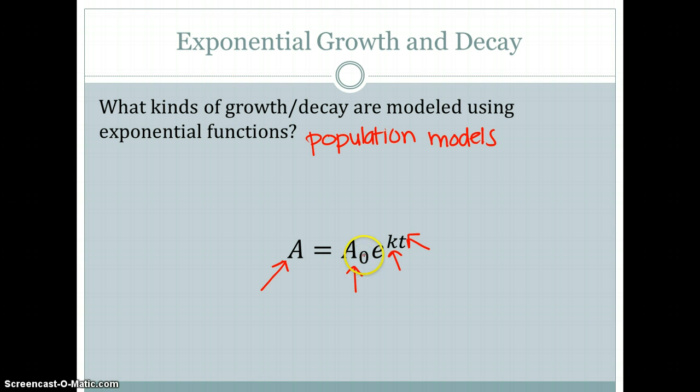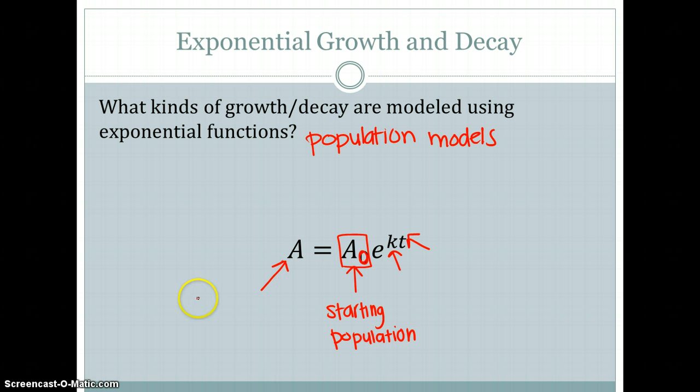If you see this A sub 0, the sub 0 is always telling you that it's an initial amount, a starting amount. So A sub 0 would be your starting population within a country, or maybe a city, or maybe even a group of animals. Your starting population is what we call A sub 0.